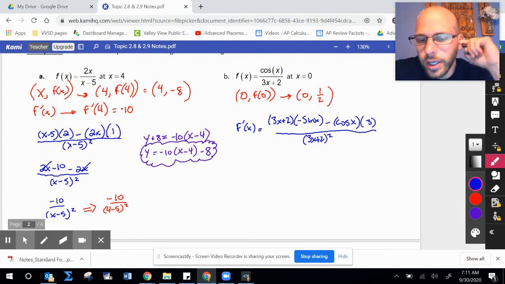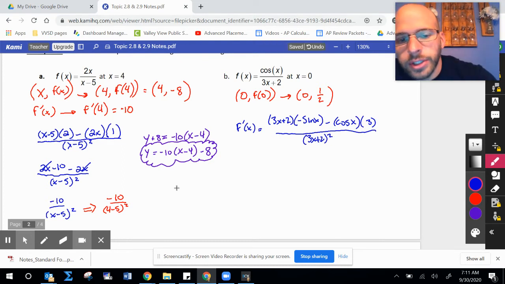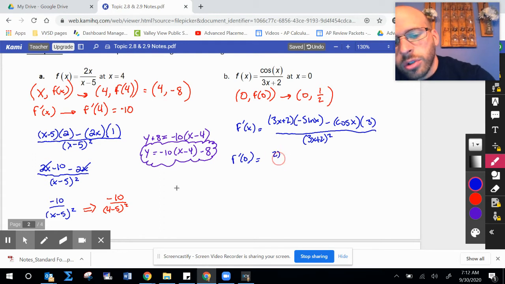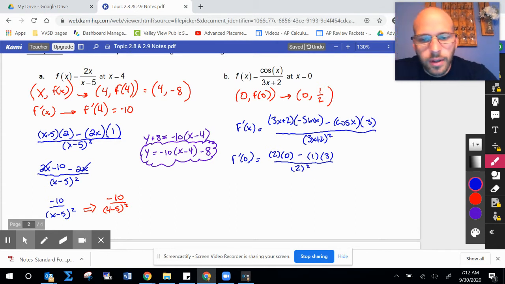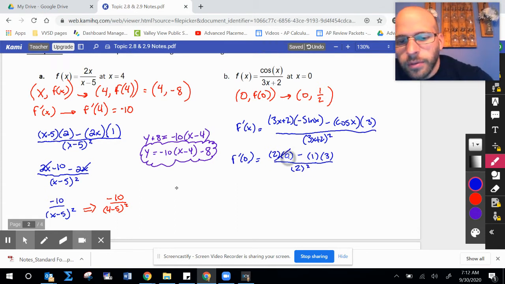Now I'm not going to simplify that. I'm just going to plug 0 into it to find f prime of 0. So if I plug in 0, I would get a 2, sine of 0 is 0, minus 1 times 3, all over 2 squared. So that goes away. I'm going to get negative 3 over 4.